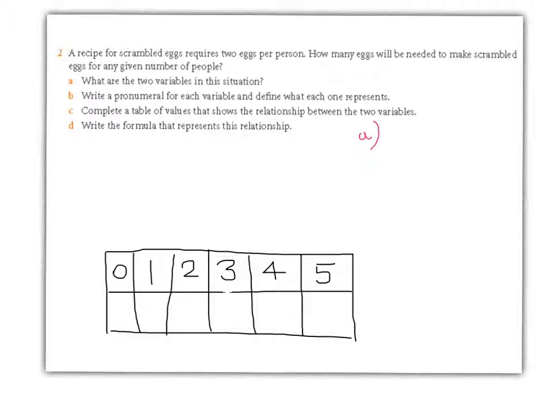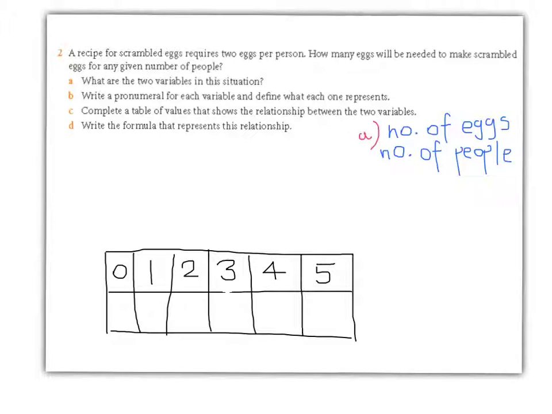So the 2 things that are unknown are number of eggs. We don't know how many eggs we need because we also don't know how many people we're talking about. So these are our two variables.